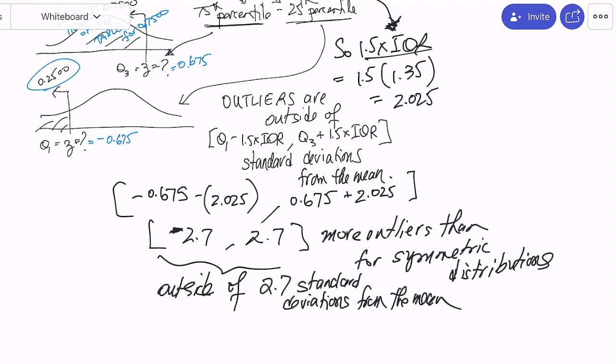Right. So the conclusion is, when you check at negative 2.7, you find the probability of being there. What's the percentage of observations out here?